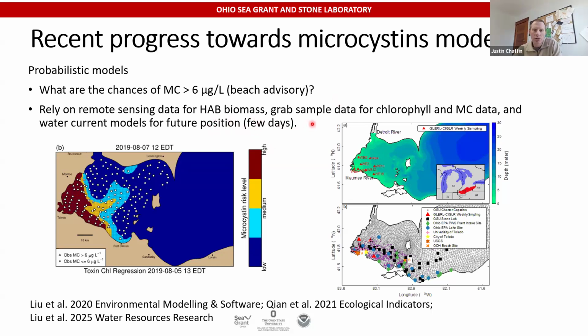They rely on researchers grabbing water samples and measuring the chlorophyll concentration and microcystin concentrations in that water sample. And then they apply these data to water circulation models to predict the probability of microcystins exceeding 6. For this example, on August 7th, 2019, high probability of exceeding 6 occurred in Maumee Bay and along the Ohio shoreline, and decreased further out into the lake.